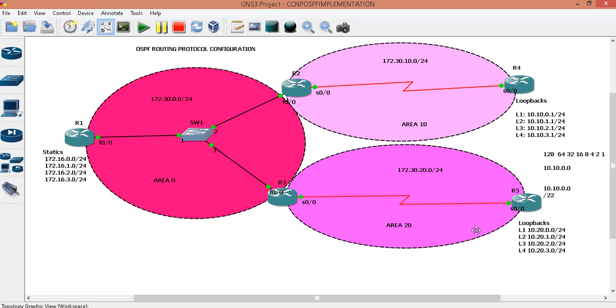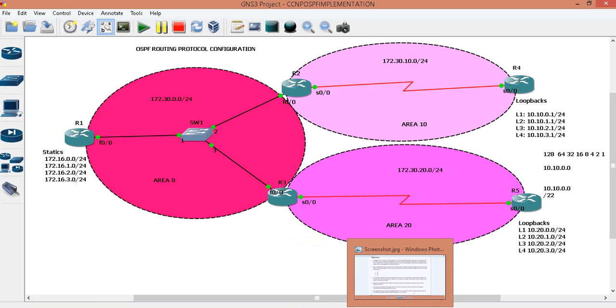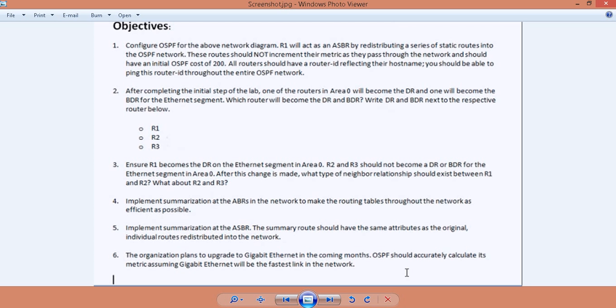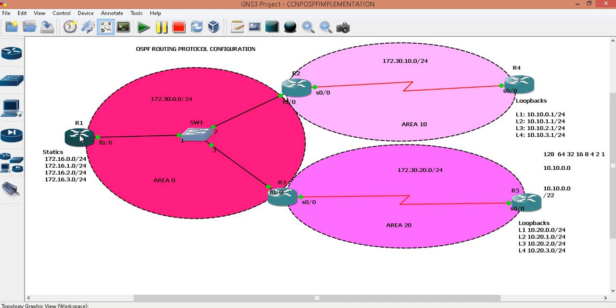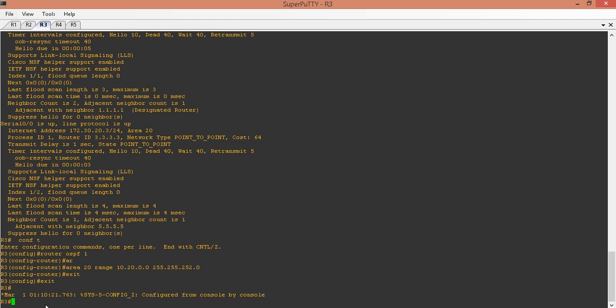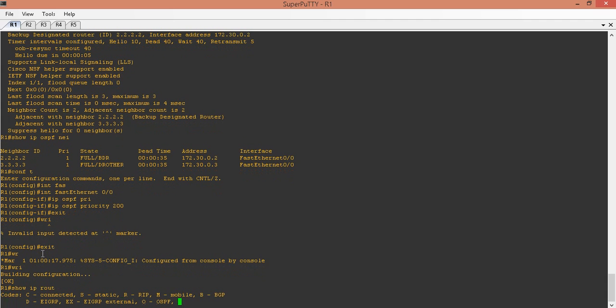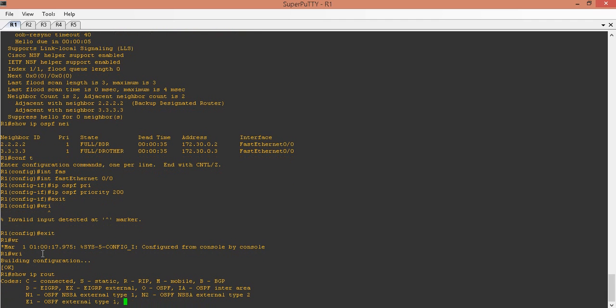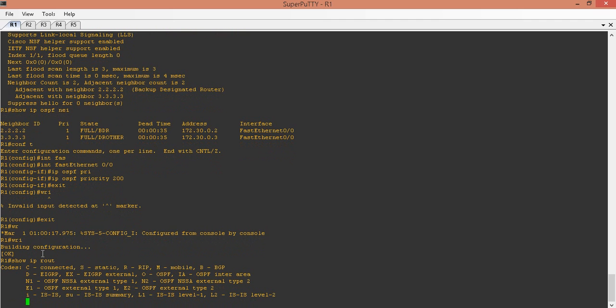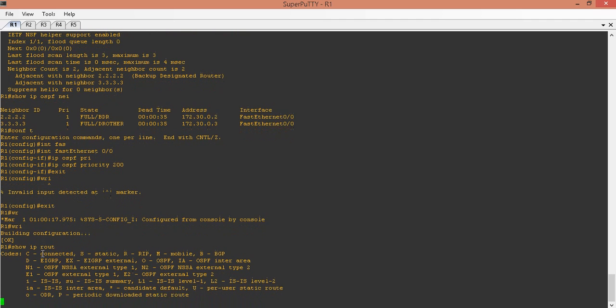Okay, yeah, summarization is implemented on these two ABRs. Implement summarization at the ABRs in the network to make the routing tables throughout the network as efficient as possible. Let us cross check that. We go to router 1 and see its routing table. So IP route, we should be seeing the summarized routes of those loopbacks from router 2 and 3.